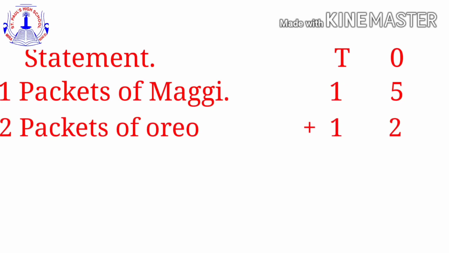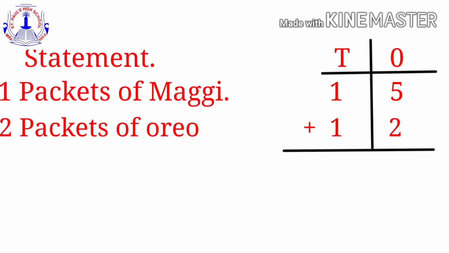Comes our next point, the second one, that is she brought 12 packets of Oreo. So you will write packets of Oreo 12, with 2 in the ones place and 1 in the tens place. I have given the sign of addition. Remember, while solving any problem, the addition sign is very important. Okay students? So now we have to add 15 plus 12.